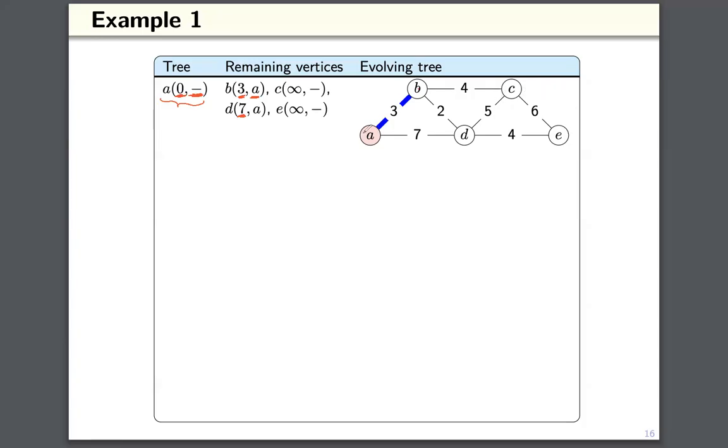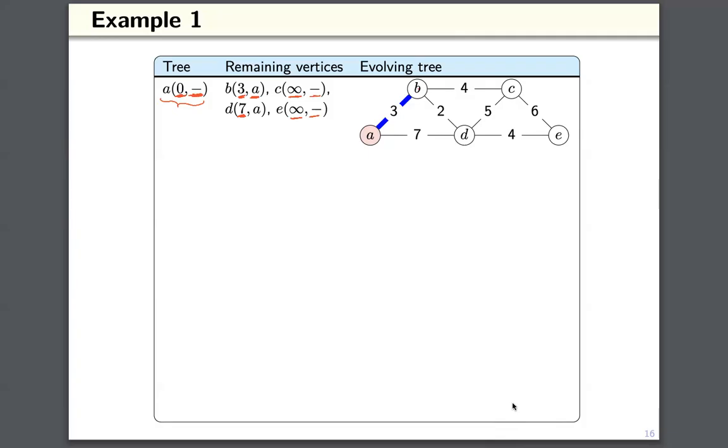Is C connected to the tree directly? No, C is not connected to the tree, so infinity, and there is no parent right now. Make sense?